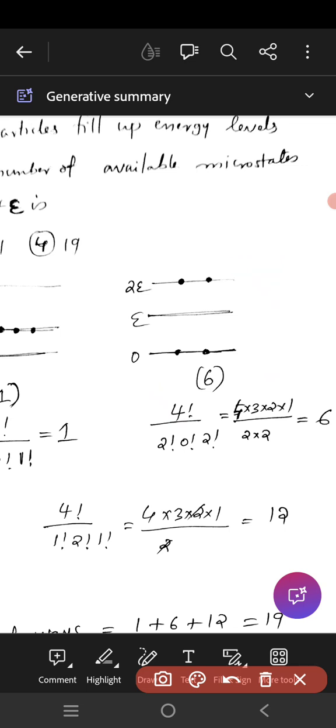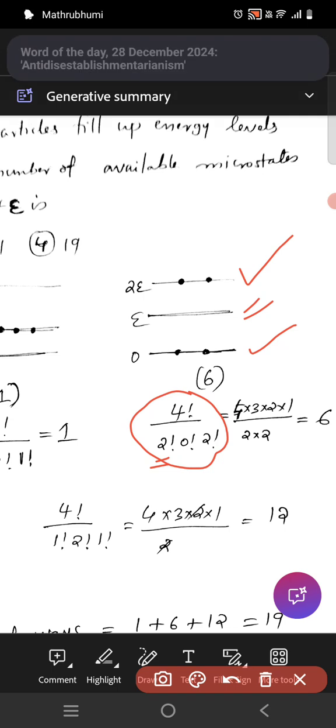So how do we calculate the number of microstates for this configuration? Same formula. You take 4 factorial and divide it by 2 factorial, since the first energy level has 2 particles, 0 factorial, since the next energy level is empty, and 2 factorial for the 2 particles in the energy level 2 epsilon.